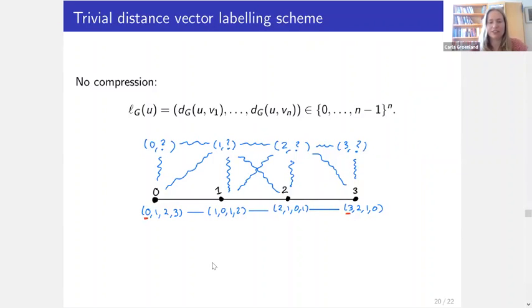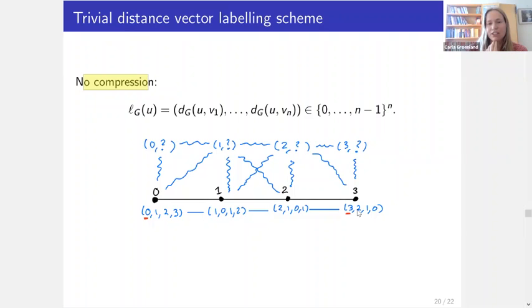So let me maybe show you a very easy example of a distance vector labeling scheme. Because one thing we can do is, of course, just not do anything. We can just write down the whole list of distances in the label. So this is sort of a case of no compression at all.